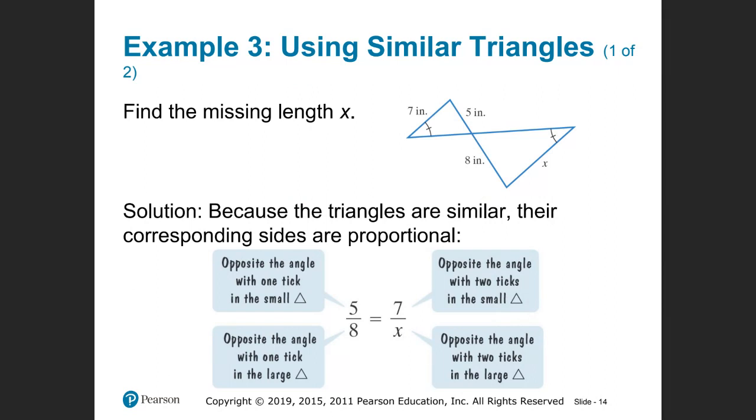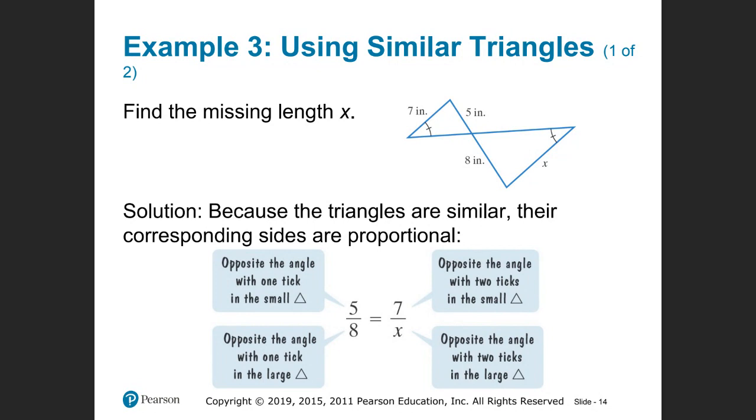This example uses similar triangles. And these are similar triangles, although they have an intersecting point. We want to find the missing length, x. Because the triangles are similar, their corresponding sides are proportional. So we can write a proportion.